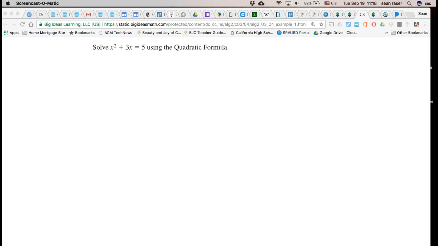It's a formula using the coefficients of each term, so your a, b, and c values from standard form, and all you do is plug those values into the formula, and it will produce the solutions to your equation, so the zeros, the roots, or the x-intercepts.